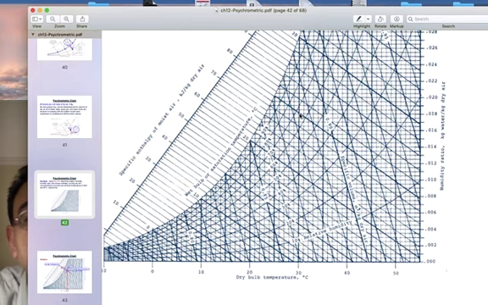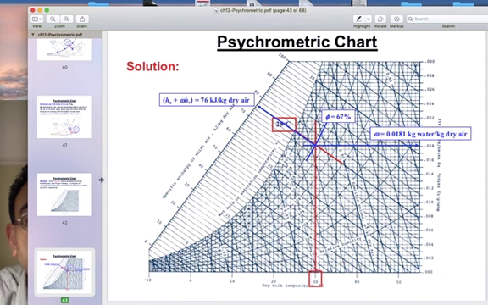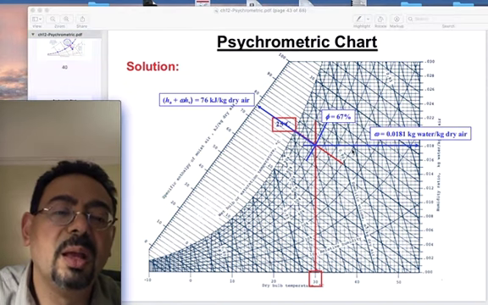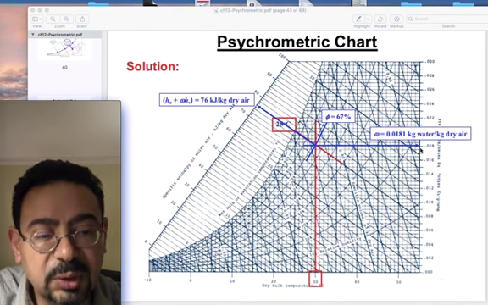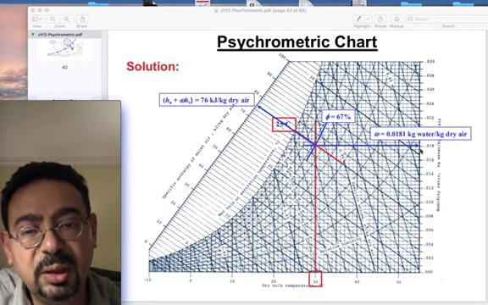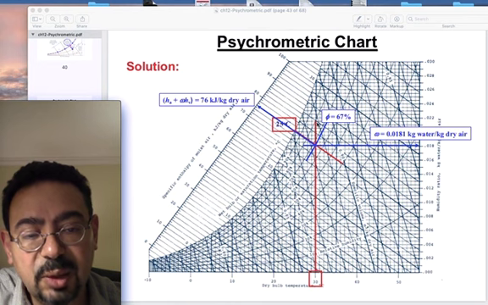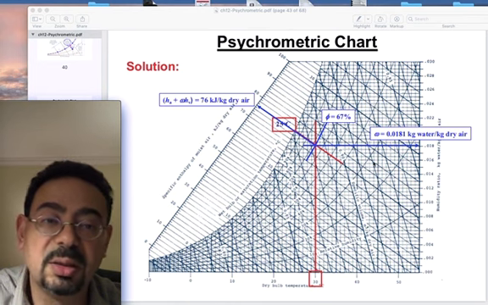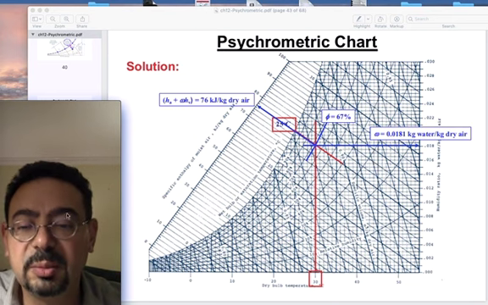And you go and read the enthalpy, 0.181. It's very hard to read on this chart, but if you make it bigger, you will be able to see those tiny scales. Point is, it was a piece of cake to convert from dry and wet to all the other quantities. You can do it with the equations, but it just takes a lot of time. All right.